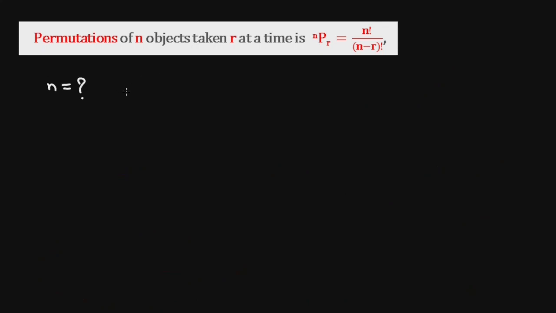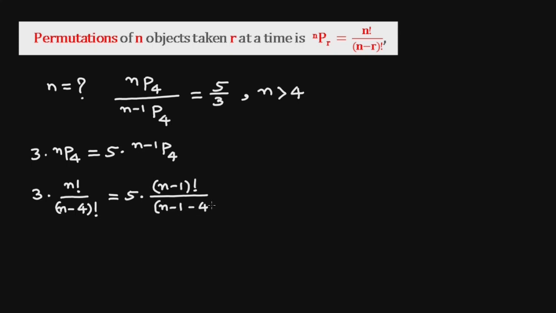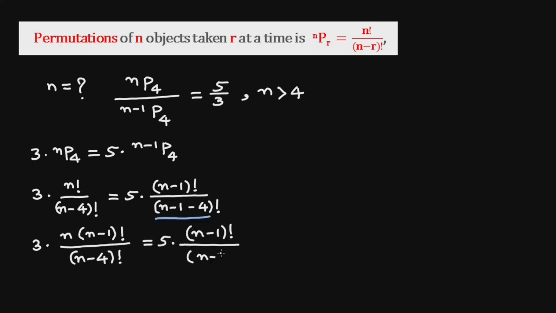Find n if nP4 upon n minus 1 P4 equals 5 upon 3, if n is greater than 4. By cross multiplication, this will be 3 into nP4 equals 5 into n minus 1 P4. 3 into n factorial upon n minus 4 factorial equals 5 into n minus 1 factorial upon n minus 1 minus 4 factorial. 3 into, we write n factorial as n into n minus 1 factorial upon n minus 4 factorial equals 5 into n minus 1 factorial upon n minus 5 factorial.